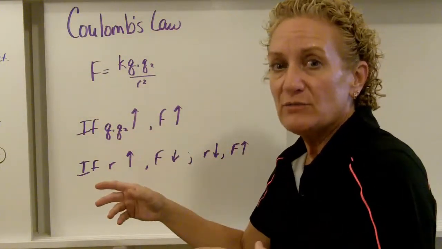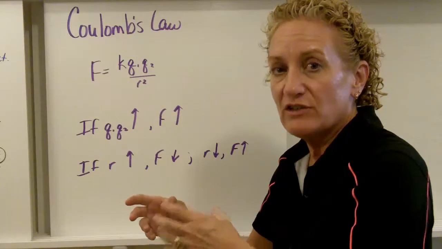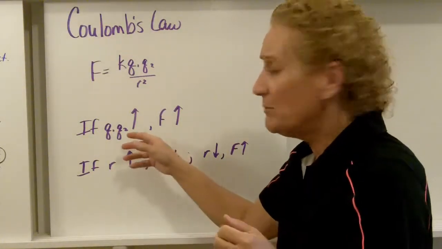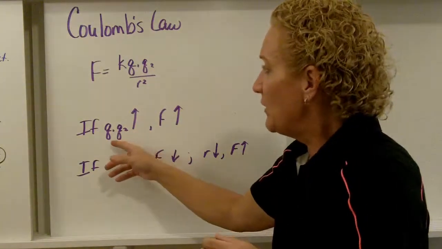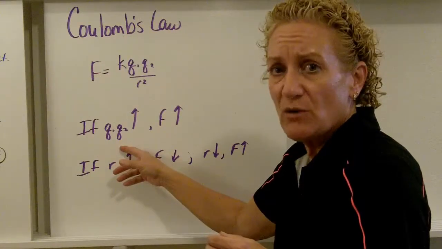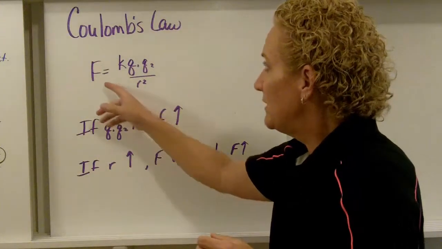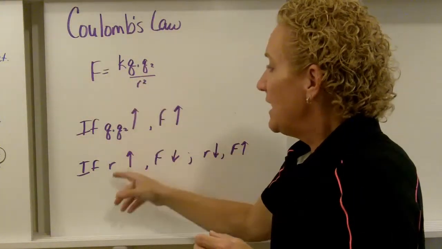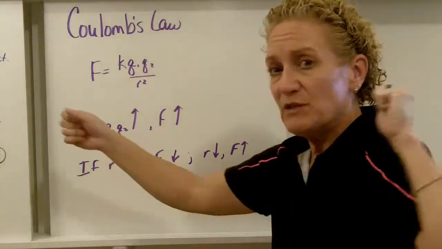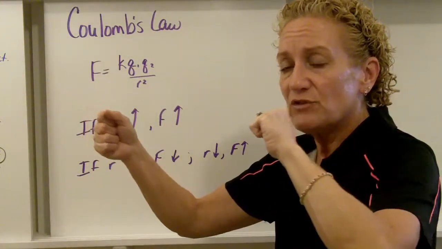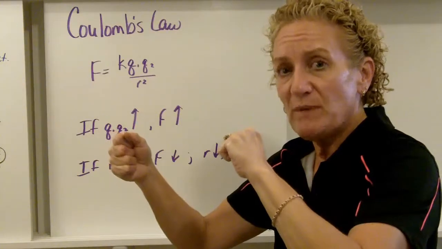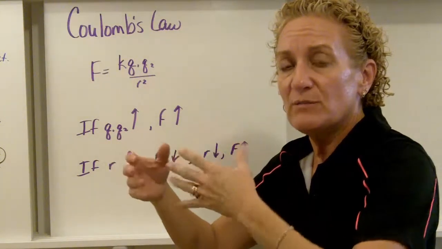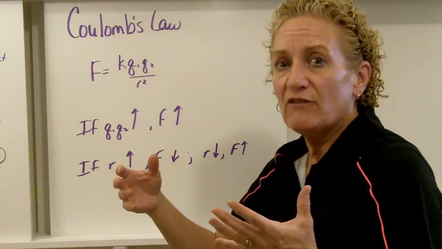Now for our level of physics, we're not worried about all of the calculations associated with that, but we do want to know this: when the product of the charges goes up, the force goes up. Likewise, as the distance between them gets closer and closer, you have to expect that electrical force is going to be stronger. Kind of like Newton's law of gravitation.